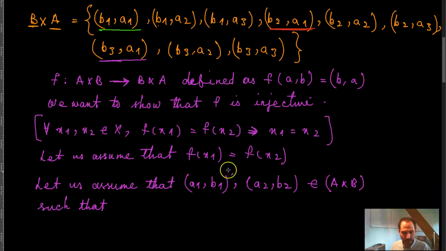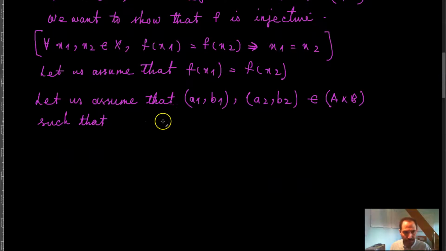So I'm taking this as my x1, I'm taking this as my x2, right? Such that f of A1 comma B1 is equal to f of A2 comma B2, right?